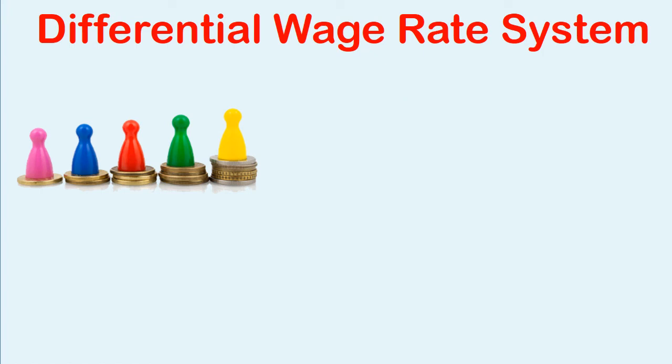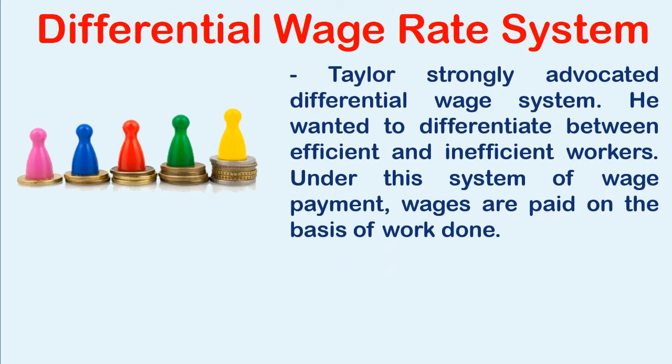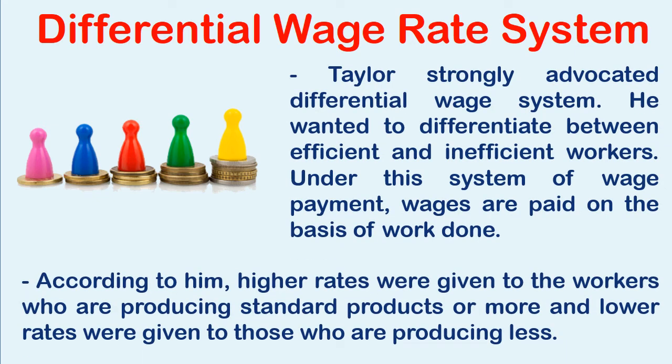Now next comes the differential wage rate system. This is also one of the techniques given to us. It differentiates between efficient and inefficient workers. As I told you, if everything is all right, the worker is required to produce 10 units a day. We are continuing with the same example.